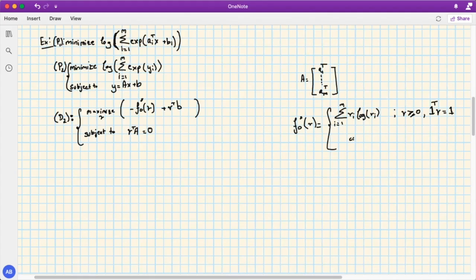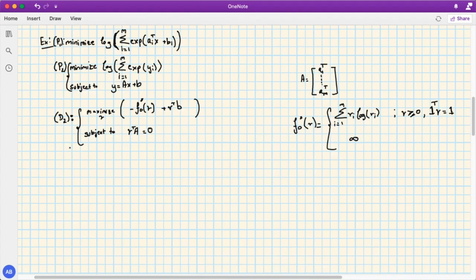Else it's infinity. Of course we're not interested in the infinity case because there's nothing to maximize. So we're interested in this case, and thus we will replace this expression and add its corresponding conditions as constraints to the problem.